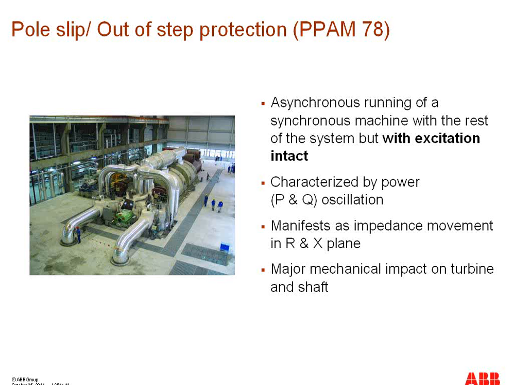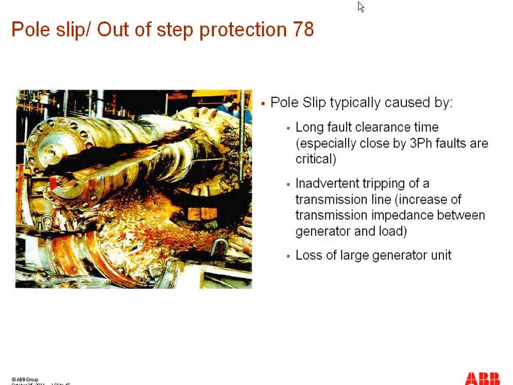There are major mechanical impacts on the turbine as well as on the shaft. How serious these impacts are, we will see in this picture, where quite a lot of damage has occurred in the shaft of the rotor.